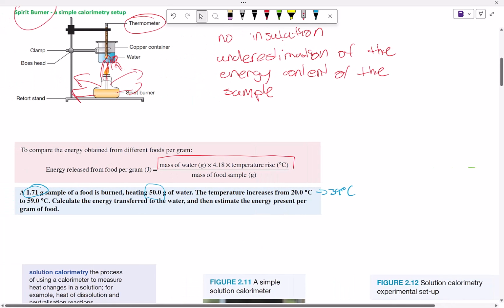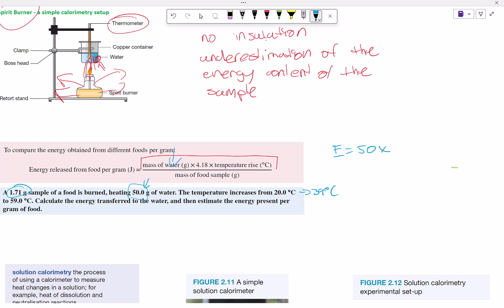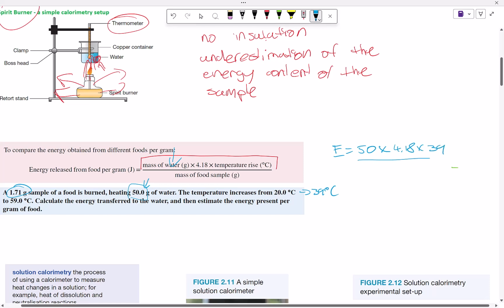So how do I do that? I'll use this equation I've got there. Energy released per gram is going to be the mass of the water. So remember, mass of water, which is this bit here, 50 times 4.18 times 39, and I divide that by 1.71 because I want it in terms of grams.